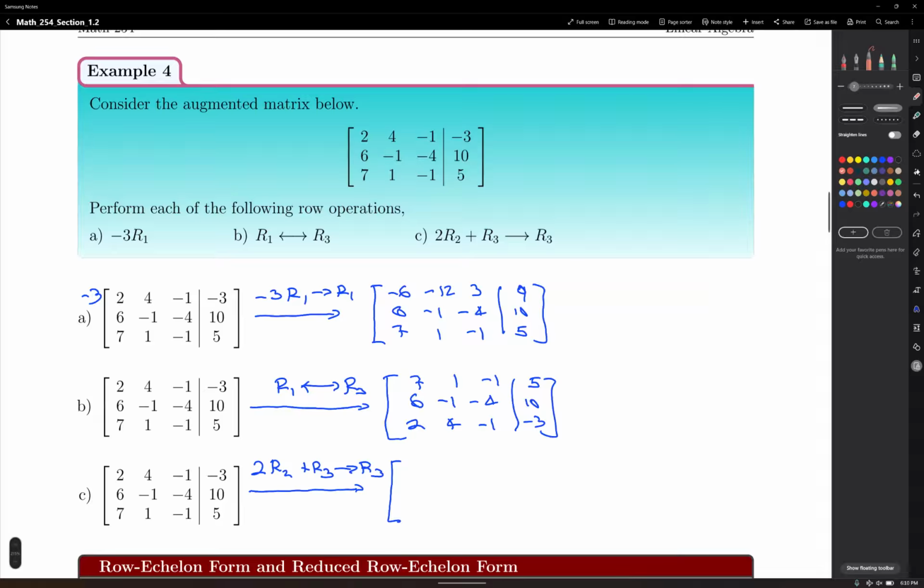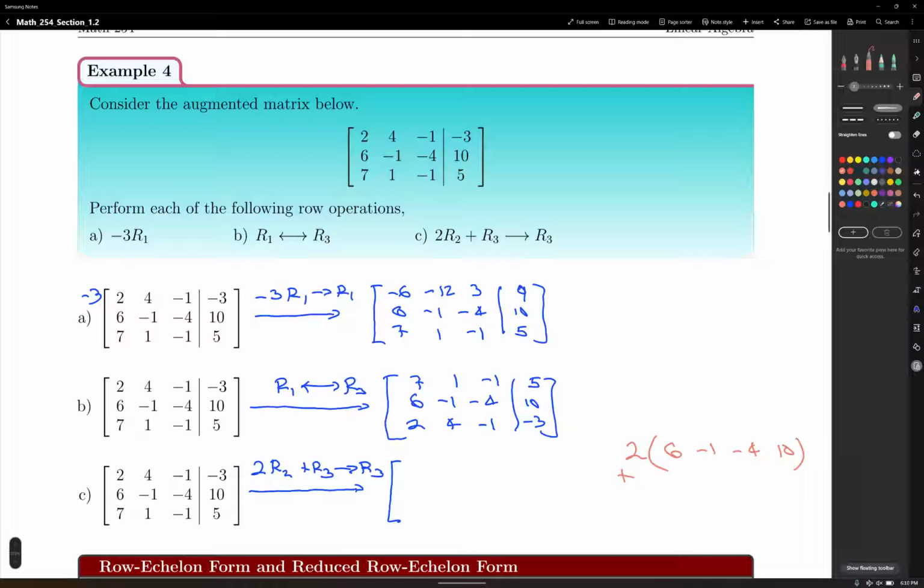So let me do the operation here on the side. Row 2, which is 6, negative 1, negative 4, 10. I'm going to multiply this by 2, right?